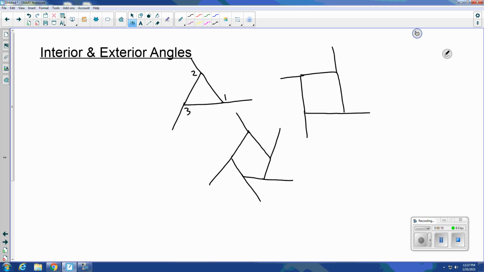well, you want to imagine, and if I had an animation, I would implement this, but imagine if we brought all those vertices in each polygon and collapsed them into a single point. The number of spokes coming out of that single point is going to be equal to the number of exterior angles.